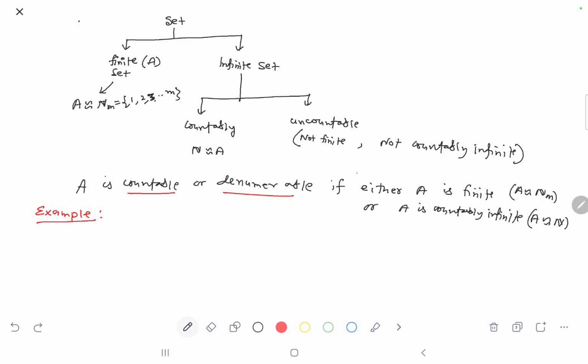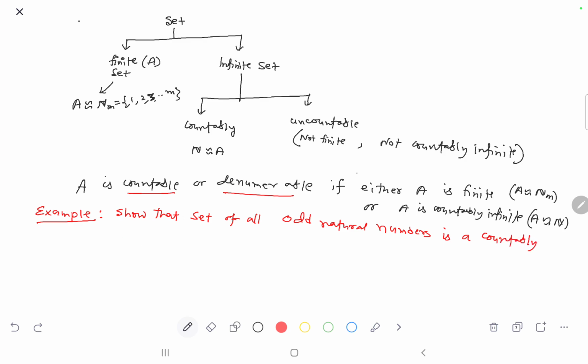The set of all even integers is countably infinite. Let me not give even; let's take the set of all odd natural numbers, which is a countably infinite set.